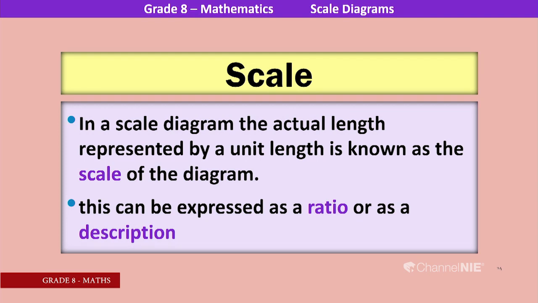In a scale diagram, the actual length represented by a unit length is known as the scale of the diagram. This can be expressed as a ratio or as a description. There are 3 ways of expressing a scale: first one as a description, second one as a relation, third one as a ratio.